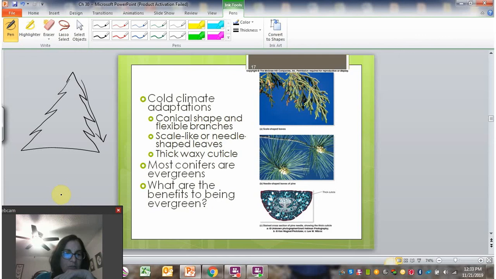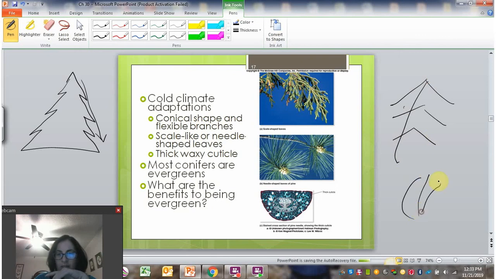For example, if you've seen conifer trees being transported, if this is the tree's branches and there's the trunk, they're so flexible you can just fold those branches up and tie this up with rope or netting, and it doesn't hurt the tree at all.